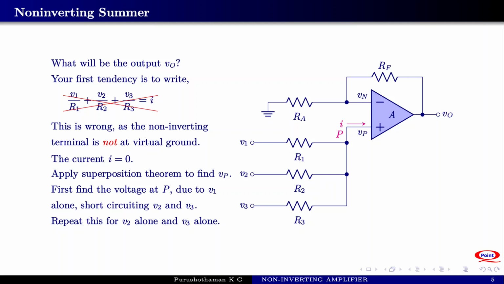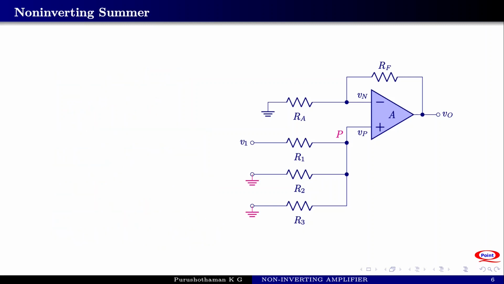And finally add all these voltages. That is what we have to do. So first we will consider Vp1. Vp1 is the voltage at Vp because of V1 alone acting. The other two sources are shorted. The other two terminals are grounded.